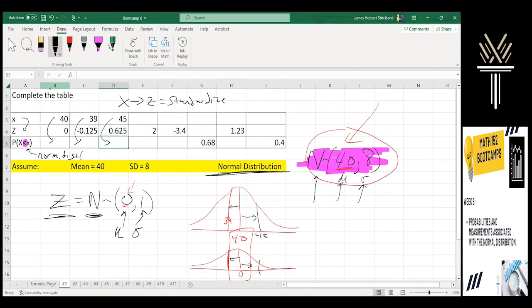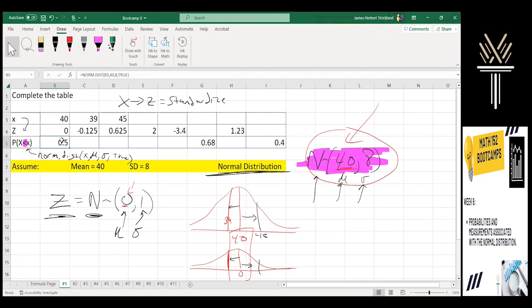And so it will be our observation, our X, given our mean, given our deviation, always, always true. So equals norm.dist. Our observation in the first case is 40, our mean was 40, and our deviation was 8. Always, always true.